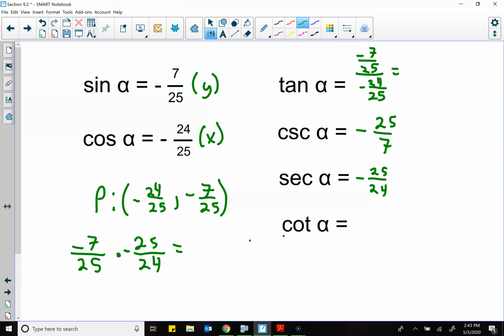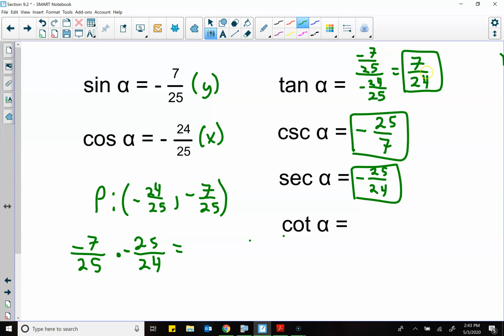And that gives us, a negative times a negative is a positive, the 25s cancel, 7/24. And I don't believe that reduces. Let me just double check. 7 divided by 24. Yep, that's good. So if I want cotangent, all I do is take the reciprocal of that. So 24 over 7. There you go.